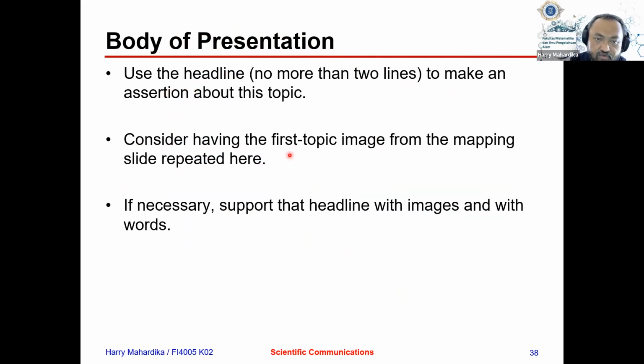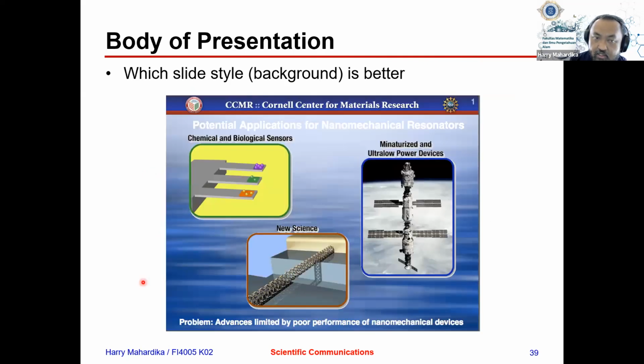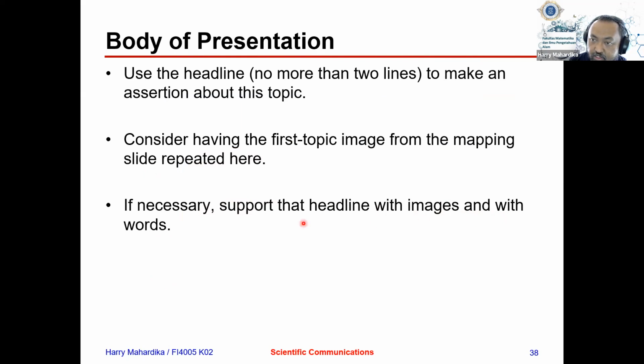Then consider having a first topic image from the mapping slide repeated here, and if necessary, support that headline with image and with words. It is suggested to use image and words, but not sentences. Do not use sentences in the body of your presentation. It is better to use keywords and small phrases, and that's it. Never use sentences, and never put a full paragraph inside your body.